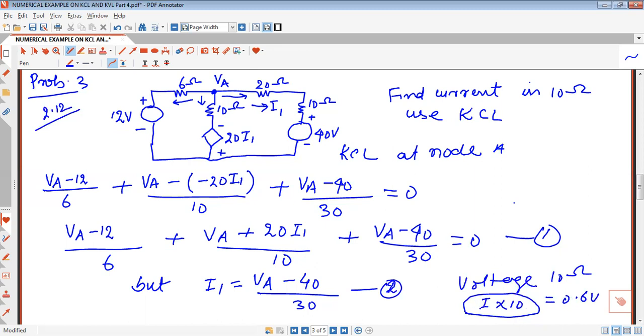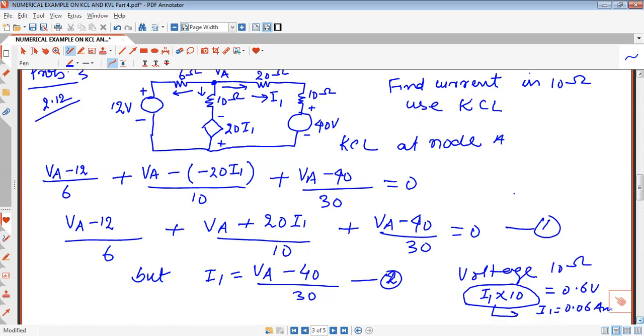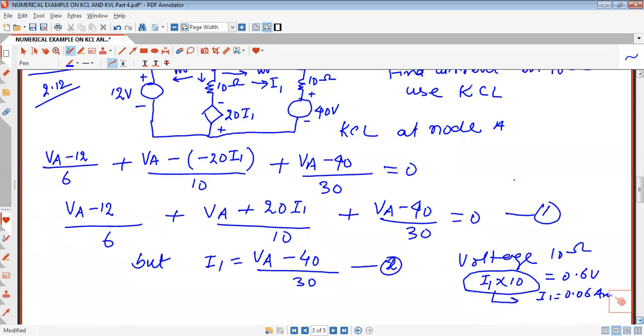So it means the value of current I1 will be 0.06. So you solve it and you will get the value of I1 equal to 0.06 ampere. I'm giving you this so you can share a solution and check it, its answer is coming like this. So this is another example based on the Kirchhoff current law.